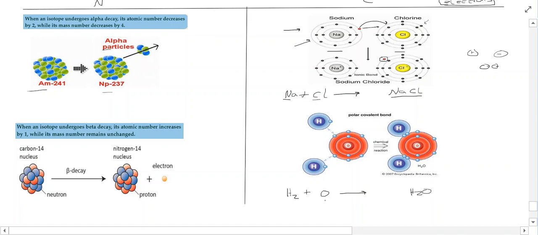Again, it just involves the electrons on the outside of the atom. Basically both hydrogens come into contact with the oxygen, and they share electrons with each other. As a result, they connect together and become a molecule of water.